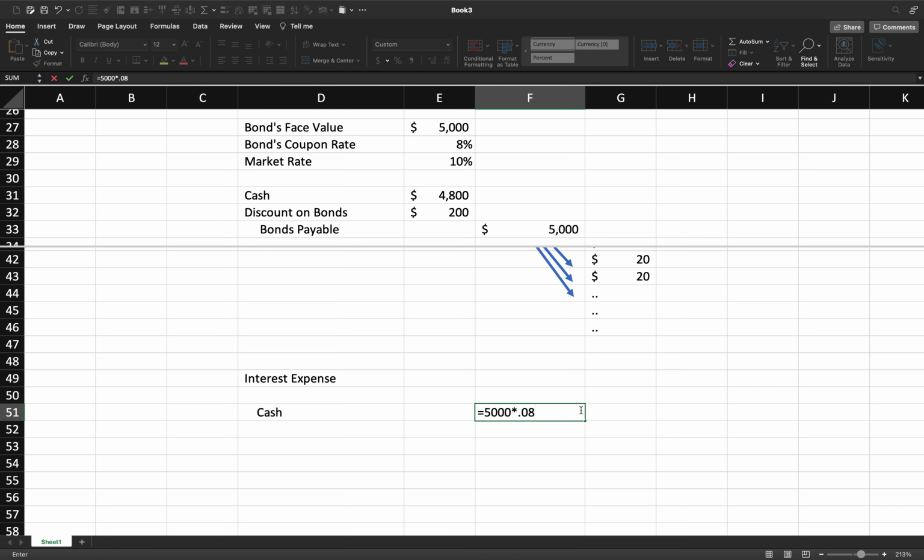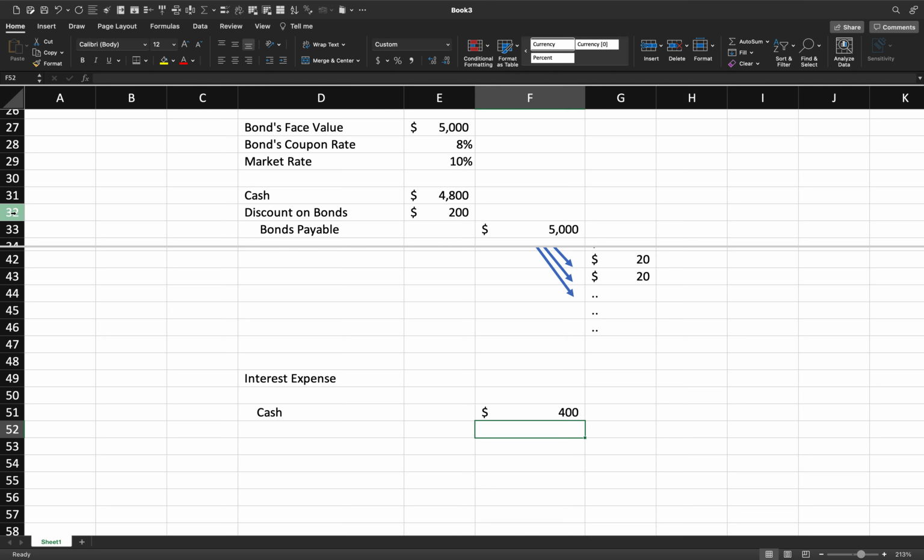You will never have to look at the market rate ever again, because that had only to do with the issuance price. Subsequent to that, on the interest payment date, we will look only at the face value and the coupon rate that was on the bond certificate, because that's what we owe. All right, so the creditor is expecting a check for $400 from us, and so we're going to give that check to them.